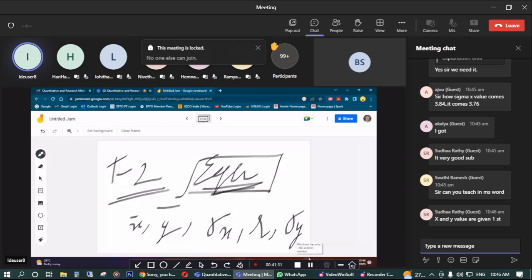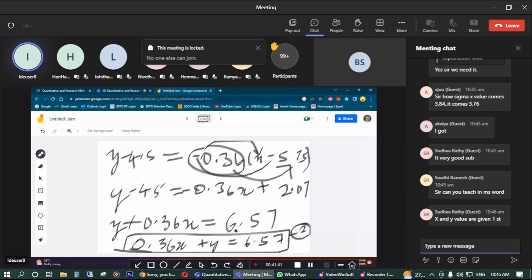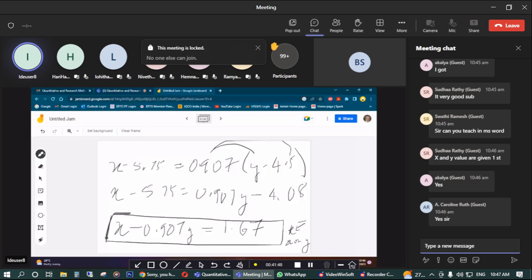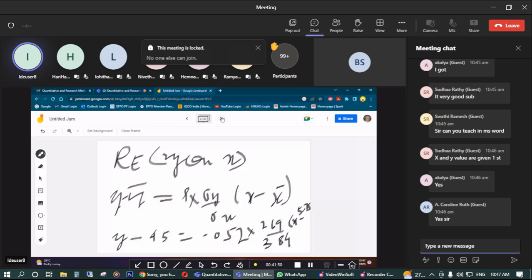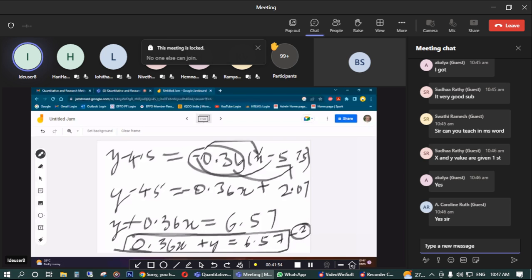See, in type 1, they will give you the x and y values. They will ask you to find out the equation. That is what we found here. Two equations. That is this one, x on y. This is the first equation. And second equation was this, y on x. Whereas now in type 2, they would have given you the equation.